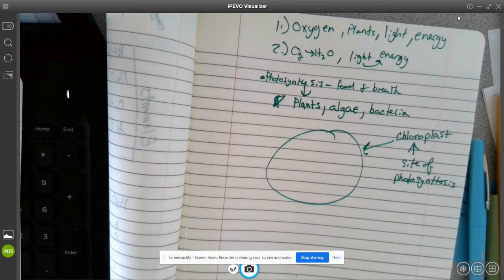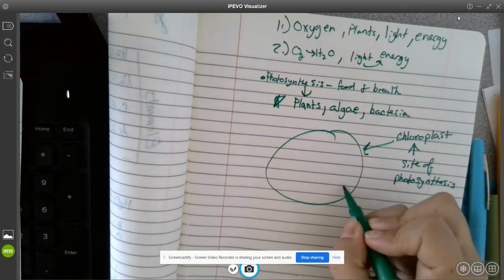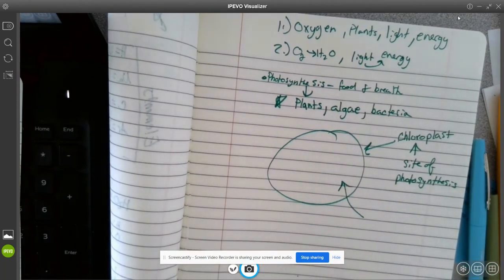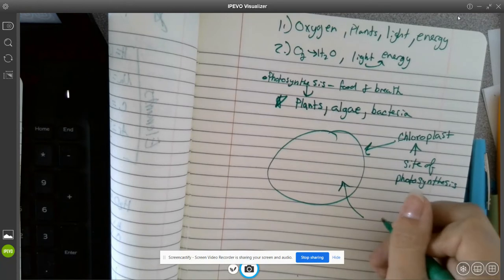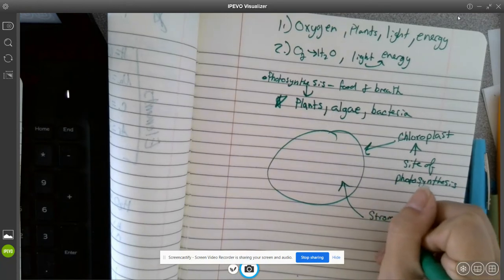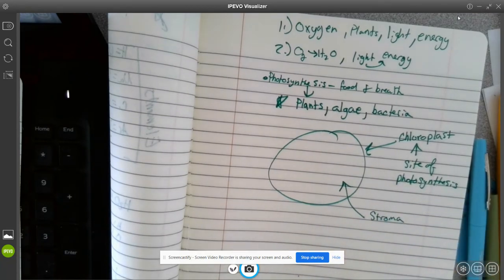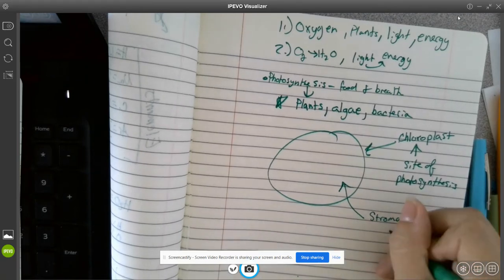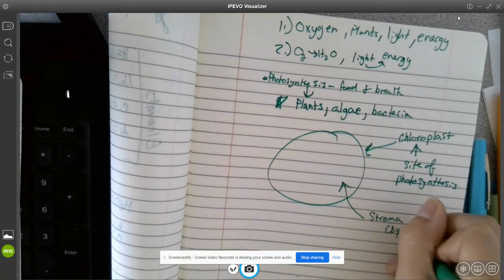Now, there are about 4 different things that we need to know about a chloroplast. One is that just the blank liquid that everything floats in is going to be called the stroma. That's where everything floats. So it's just a liquid. And I'll put down under here, liquid.